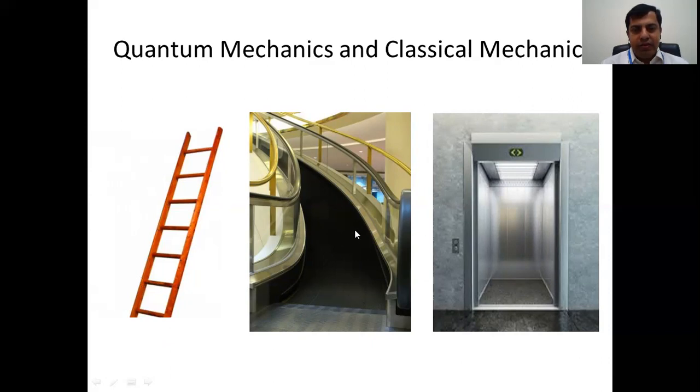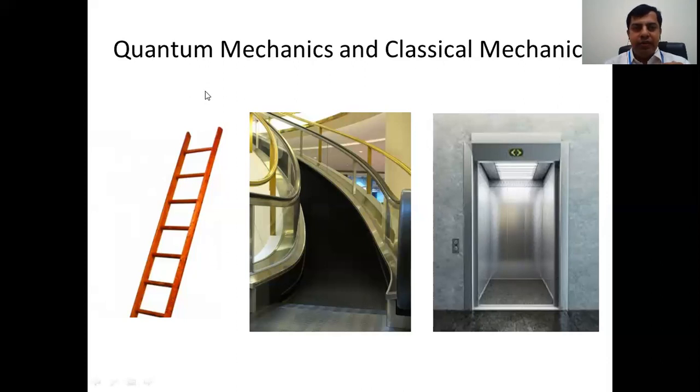And here there are no such steps available, so you can move according to your own desire, and this is the basis of classical mechanics. What about the third option? The third option is also from the ground to the first floor, and no further options are available like in this case, and this is also an example of classical mechanics.